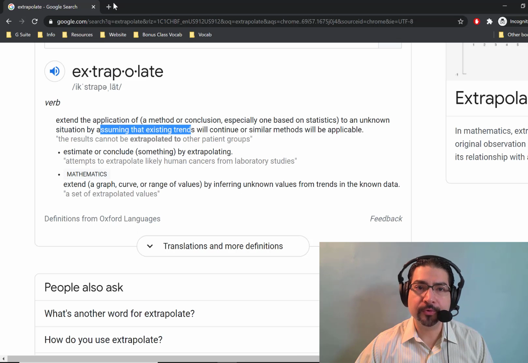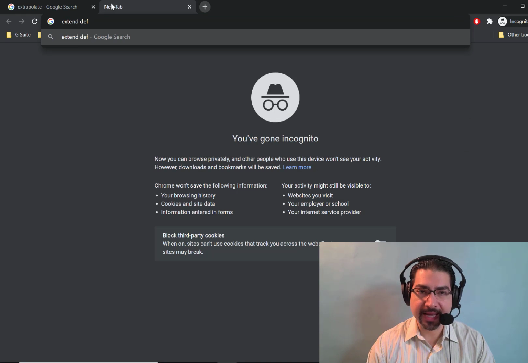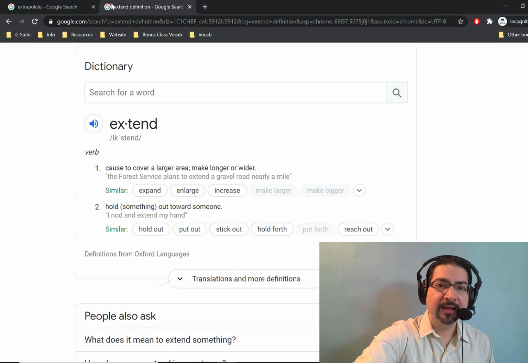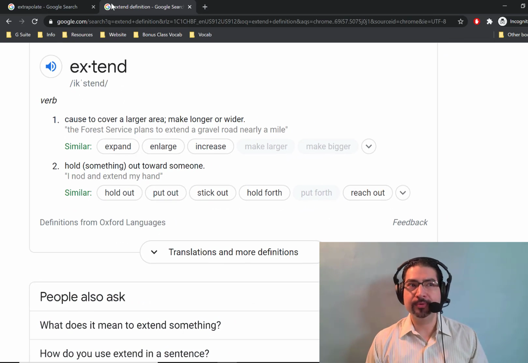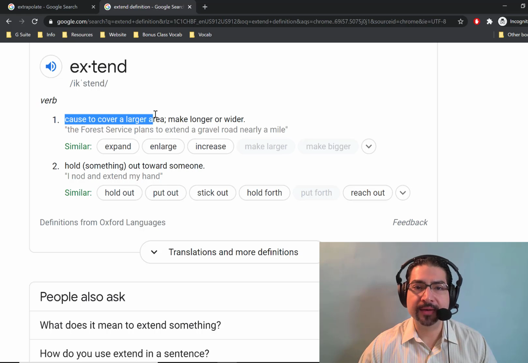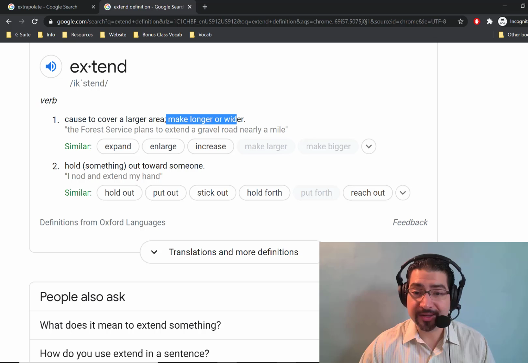Because extend is a good word that I think most of you know, but I always want you to have a great habit of reviewing even basic words because definitions can help you to explain things more clearly. So for example, extend, cause to cover a larger area, make longer or wider.